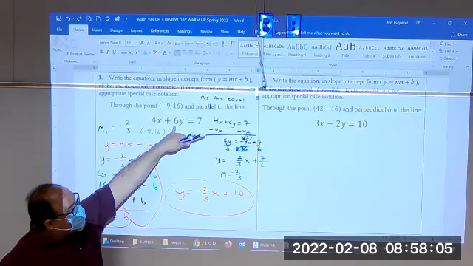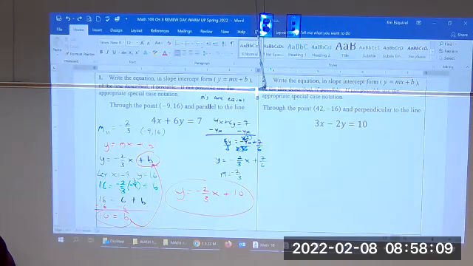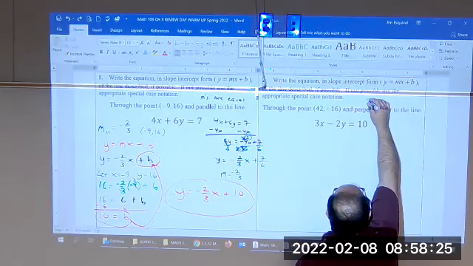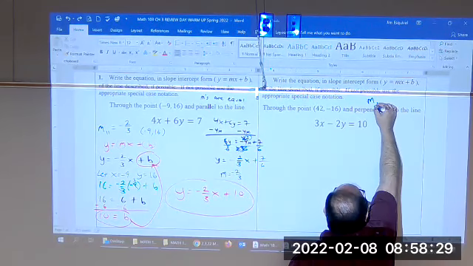Okay. And now we got to do perpendicular. The slope of a perpendicular is opposite. You got to change the sign. Opposite, change the sign. And reciprocal. You got to flip it over. Opposite and reciprocal. The symbol for perpendicular, the slope of the perpendicular line, is that T that's upside down.